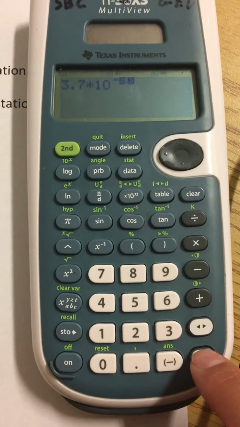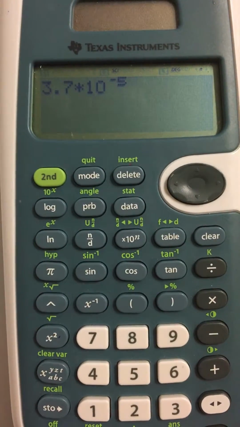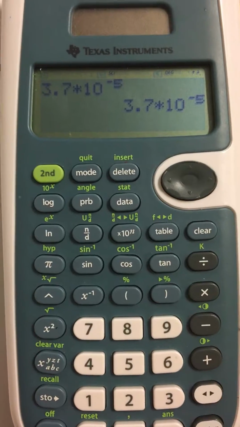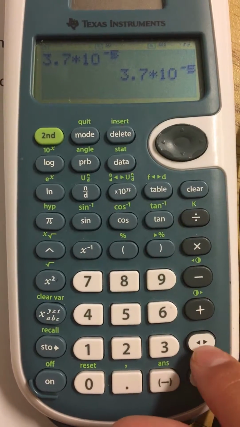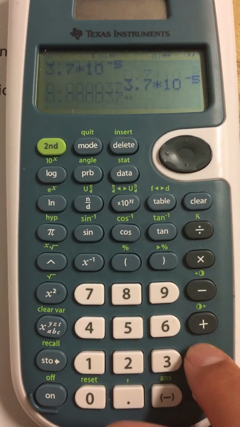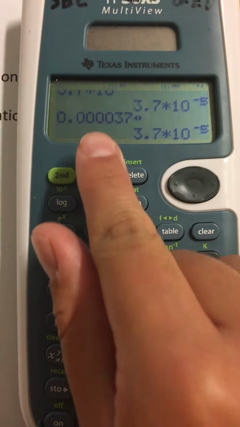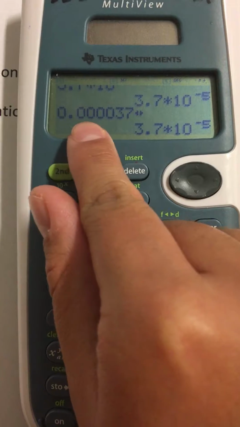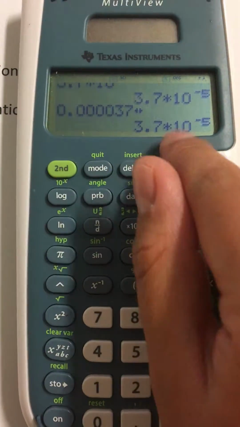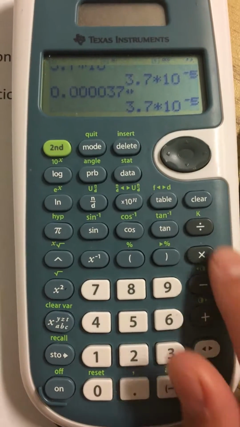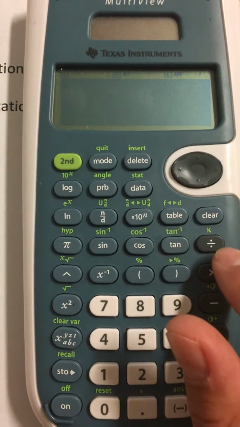If we press enter, and remember it's still in scientific notation, it'll give us the same exact equation. However, if we go back to this nifty little button, it'll convert it out of scientific notation form, and it'll give us the correct answer here on the left side and the equation on the right side. So we can go ahead and clear it.